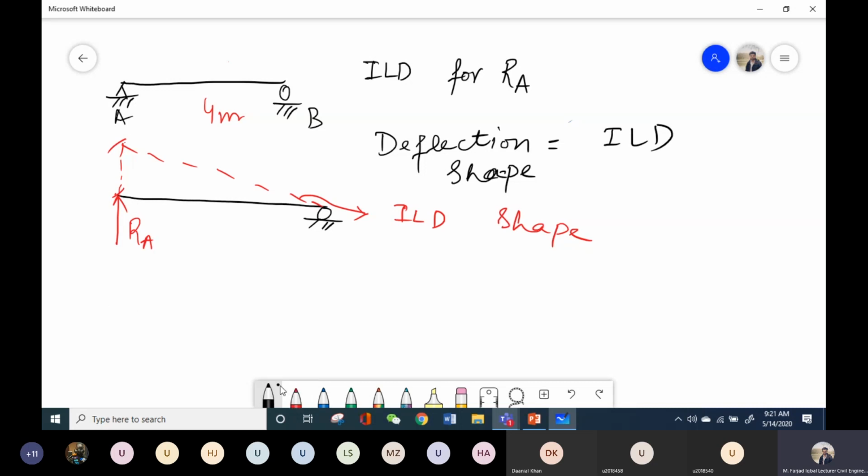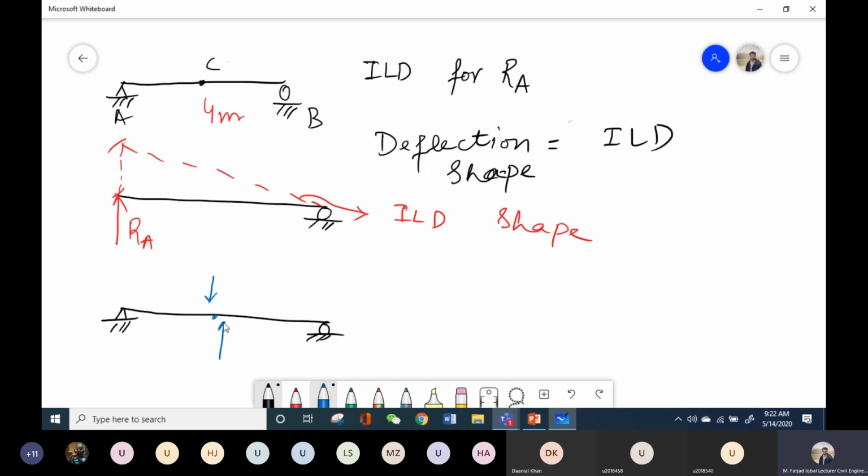Similarly, if I want to plot the ILD for shear force at, let's say, point C, what will I do? The first thing I need to do, I have to assume that the beam cannot resist the shear force at point C. So at this point C, the beam cannot resist, and I would apply the shear force myself. How will the shear force act?